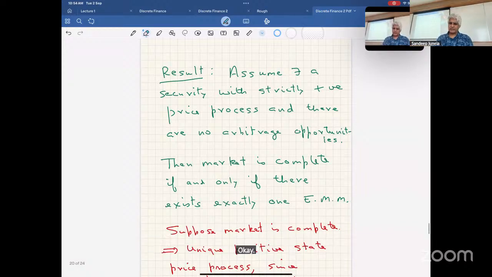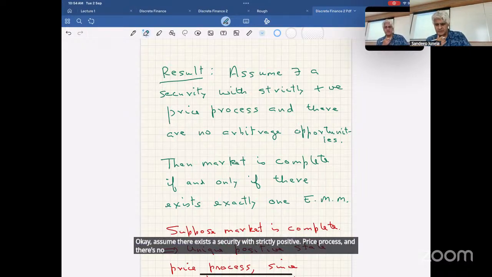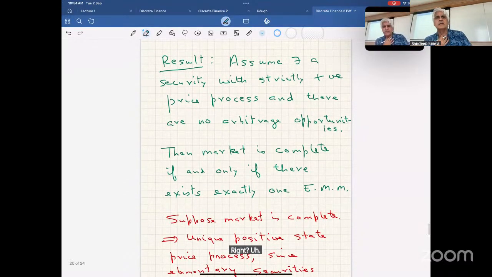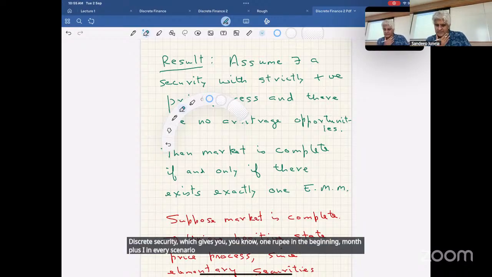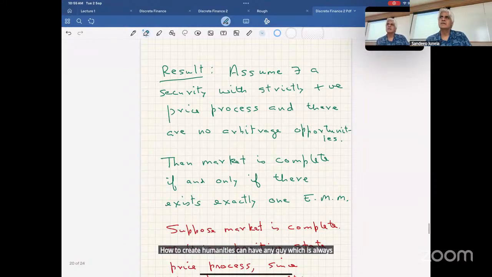Okay, assume there exists a security with strictly positive price process, and there are no arbitrage opportunities, right? Then the market is complete. So the first point is simply a risk-free security, which gives you 1 rupee in the beginning, 1 plus r in every scenario. So suppose that exists. But for generality, you can have any security which is always giving you some positive value.